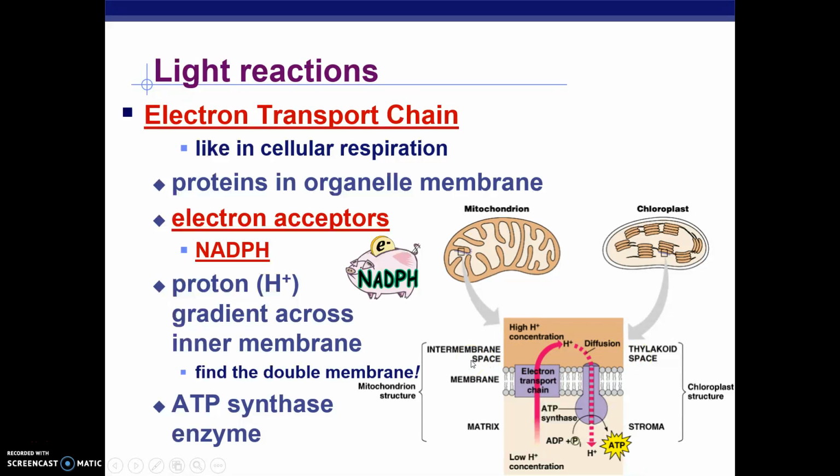So one should know where the high concentration or the proton gradient will be built, and that is going to be built because of the energy from the electrons, and hence the electron transport chain. After the gradient is built, there is only one place for those protons to diffuse through, and that would be through ATP synthase, eventually phosphorylating the ADP to form ATP.